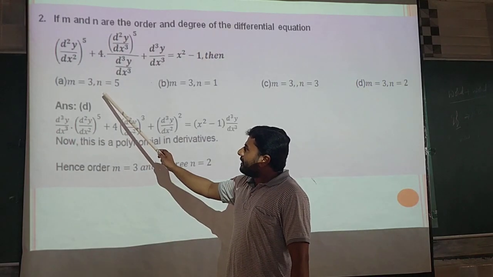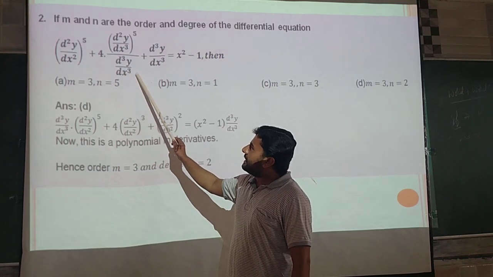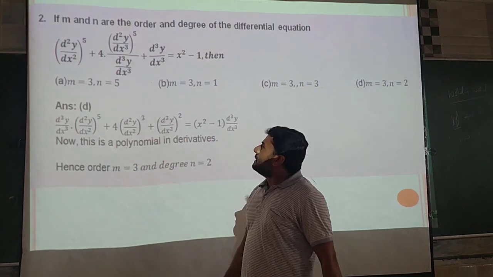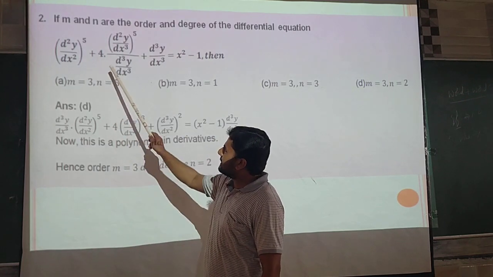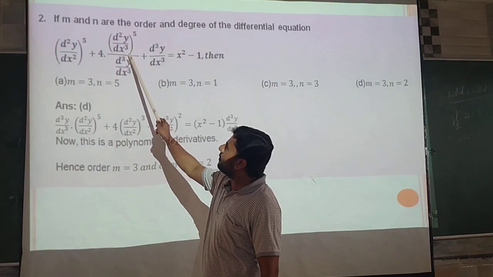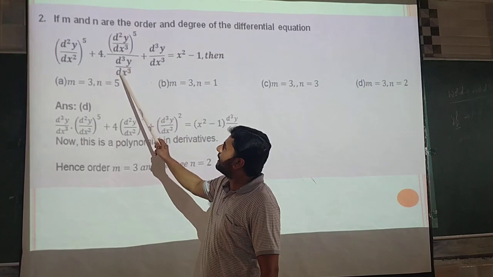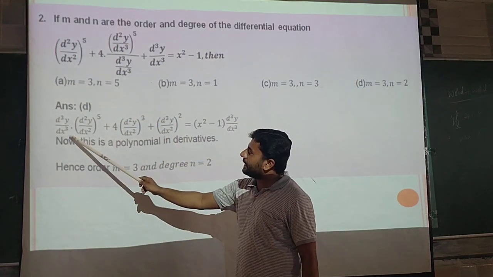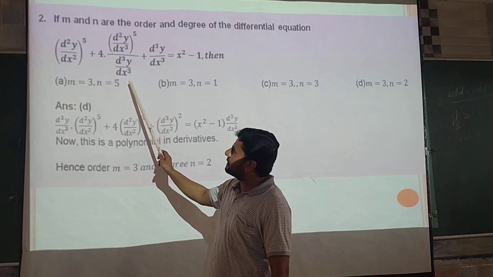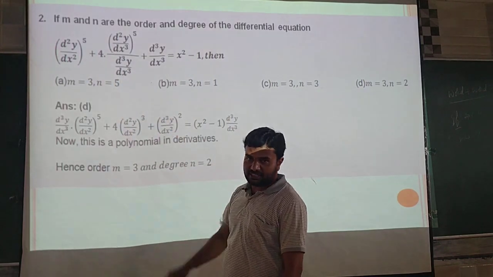Here, the given differential equation is of the form (d square y by dx square) whole to the power of 5 as it is, plus 4 into (d square y by dx cube) whole to the power of 5 divided by d cube y by dx cube. First, we multiply by d cube y by dx cube on both sides of the differential equation.